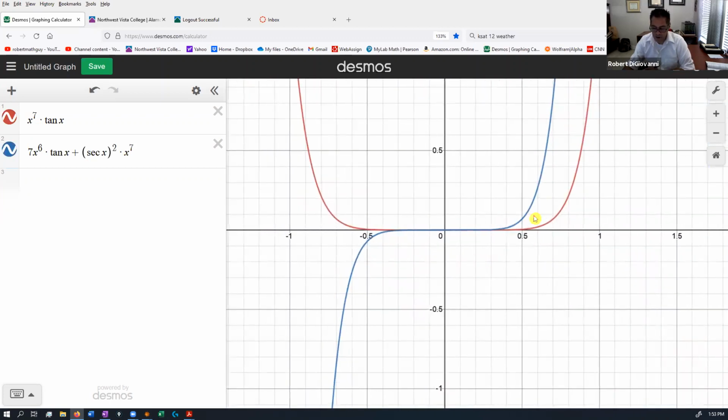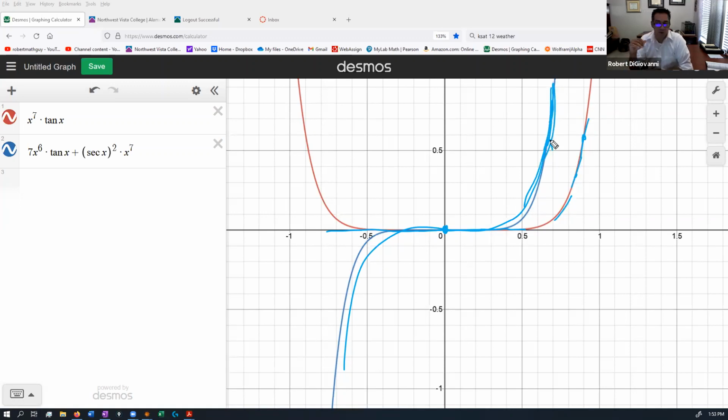The original function is the red one. And it looks like at 0, I have a flat tangent line here on the red one. And that means I should have an x-intercept on its derivative, which I do. Also, the slopes of the tangent lines over here are positive, which means my derivative should be going positive numbers over here, which it is.